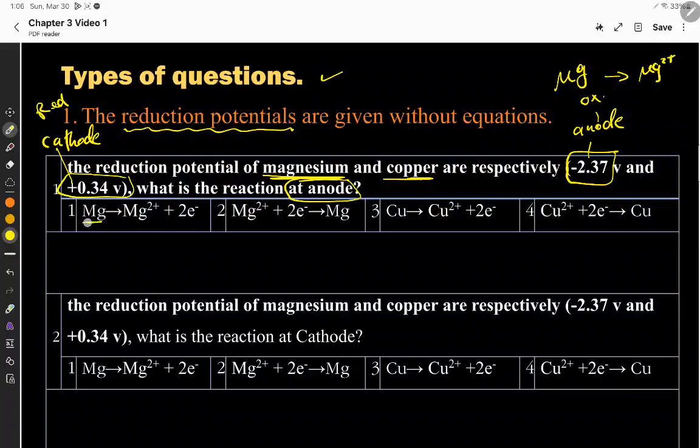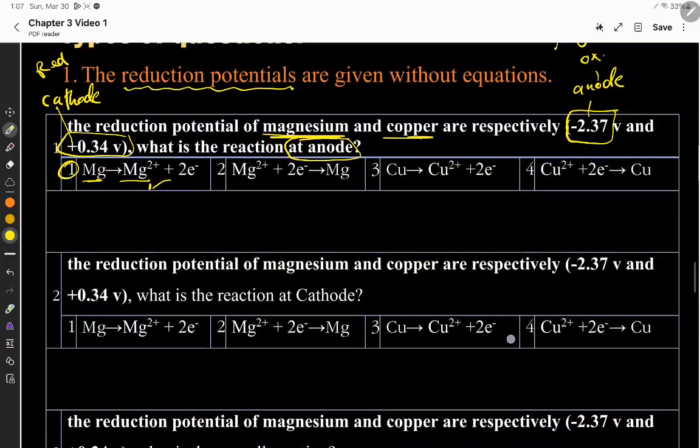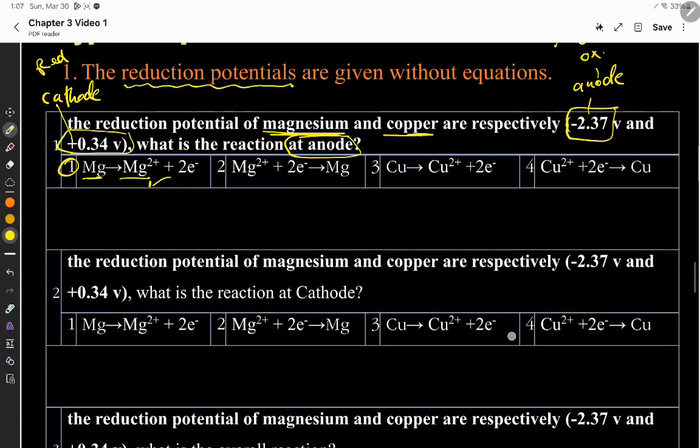We see magnesium from 0 to magnesium 2+. So number 1 is the correct answer, because magnesium is going to be the anode, so magnesium is going to be oxidized at the anode. So this is the correct answer, number 1.